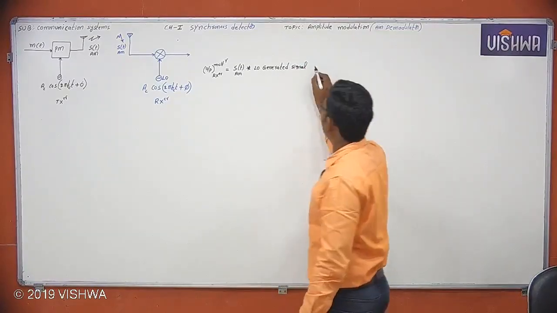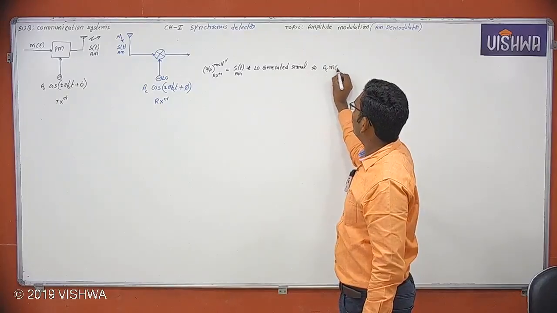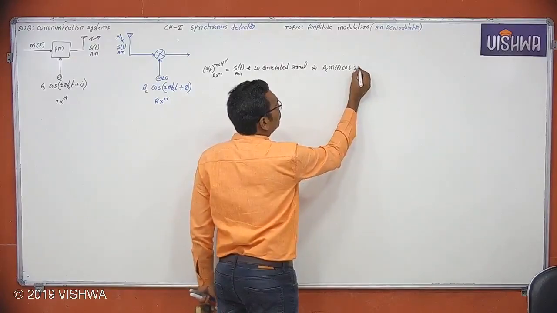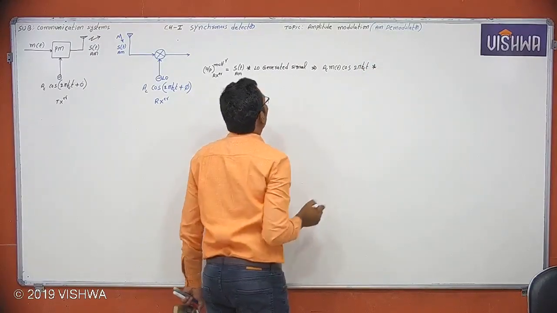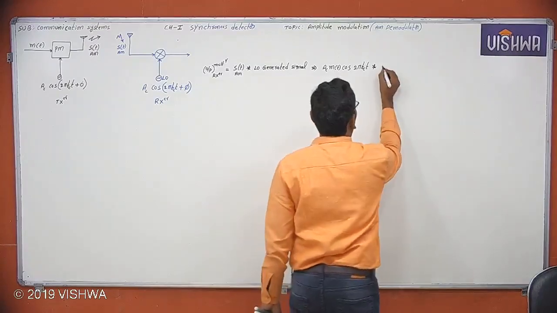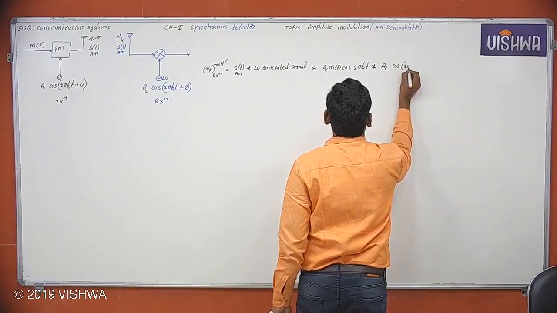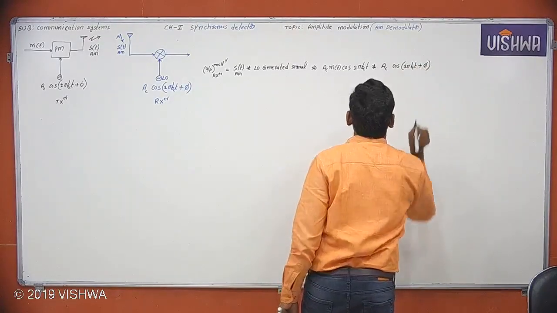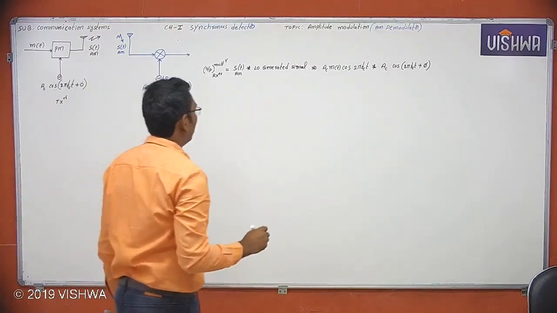What is the amplitude modulated signal? Ac m(t) cos 2 pi fc t, multiplied with the local oscillator generated signal, Ac cos(2 pi fc t plus phi). Okay. Now this is the output of the multiplier.